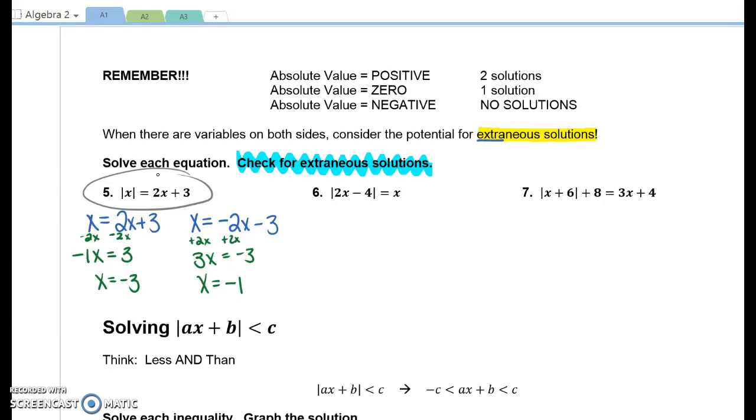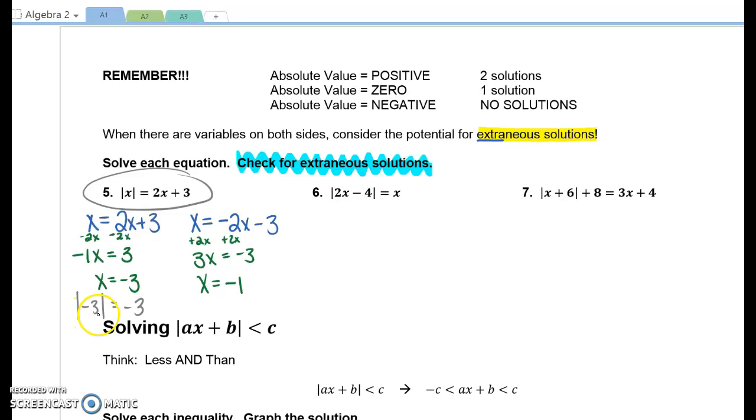So plug -3 in where you see the x. So inside the absolute value bars, we would have -3. On the other side, we can use mental math or our calculator to tell us what it is. 2 times -3. What is that? -6. -6 plus 3? -3. Now, think about that statement.